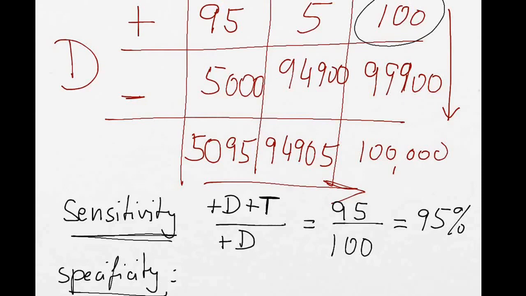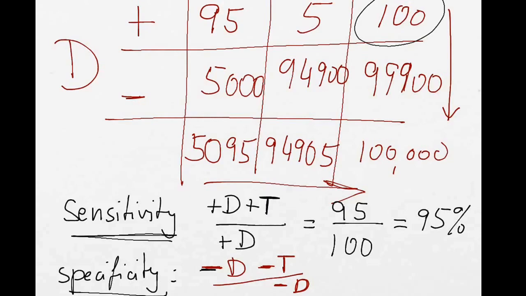And the specificity is defined as people who are negative for the disease and who test negative, divided by people who don't have the disease. So minus D minus T divided by minus D.